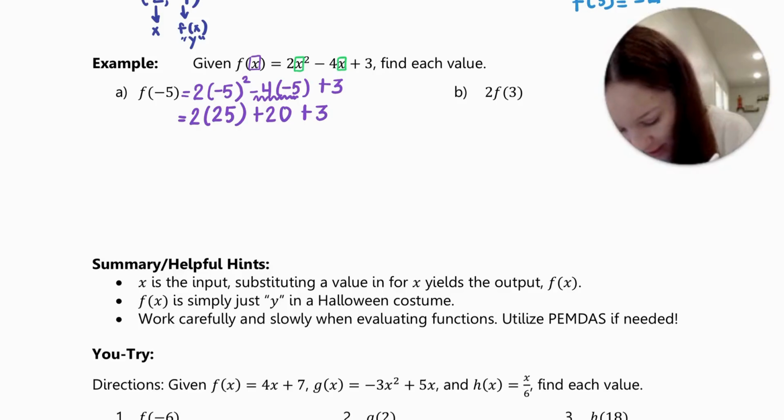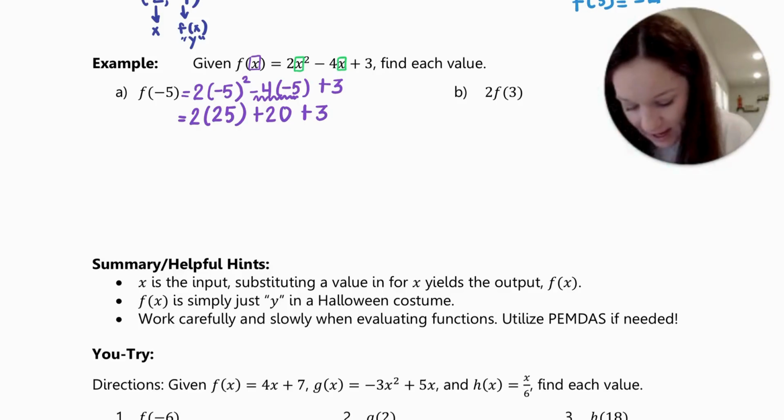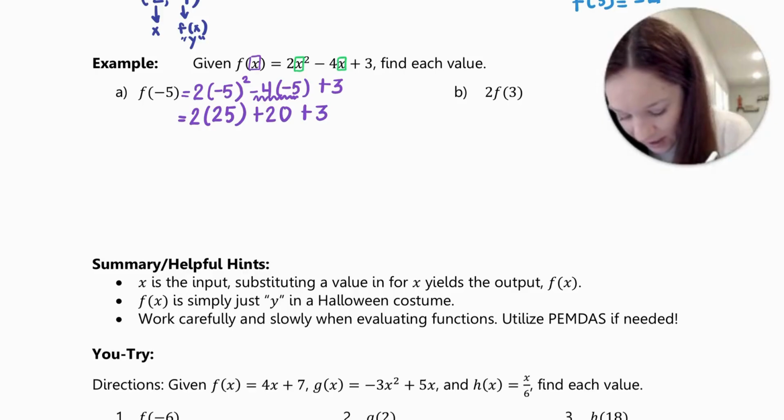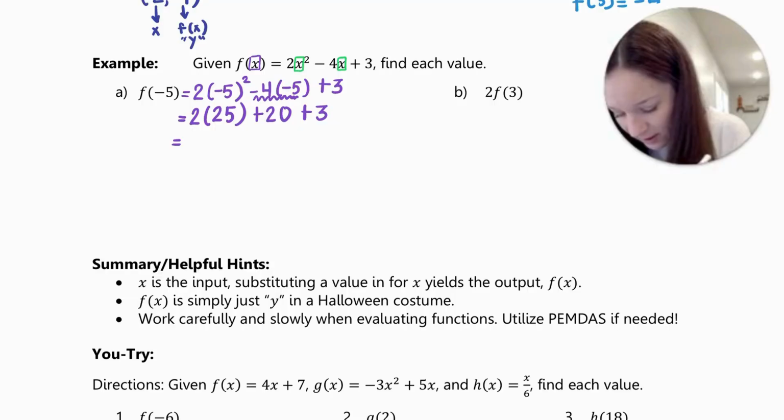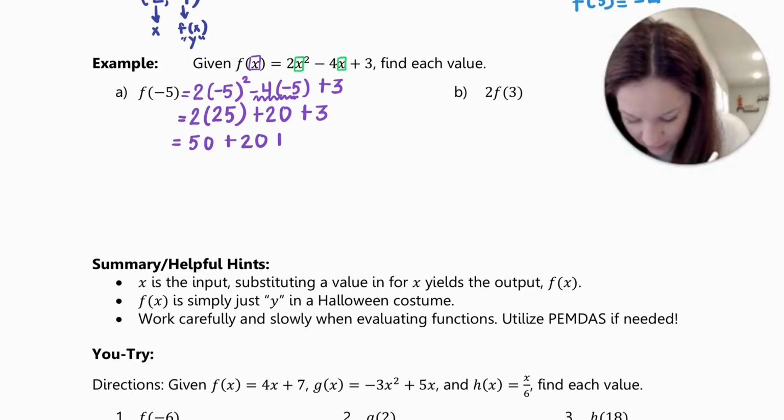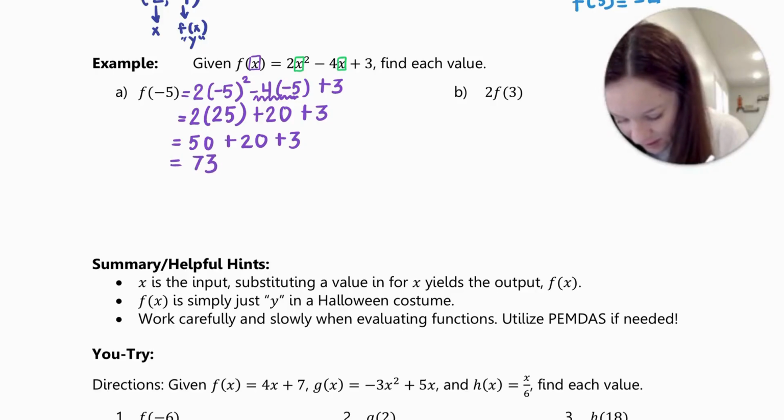I'm going to clean this up. -4 times -5, a negative times a negative is a positive 20. And then now I have a little bit more multiplication. 2 times 25 is 50. 50 plus 20 plus 3. That gives me 73.